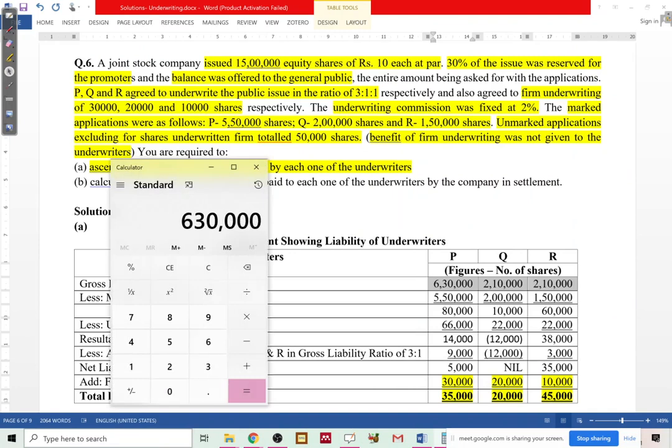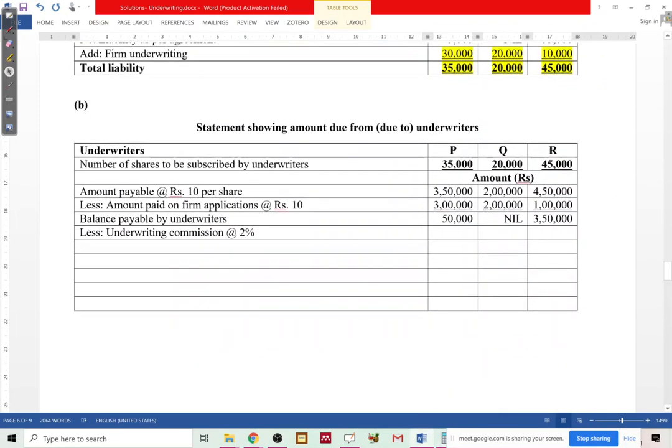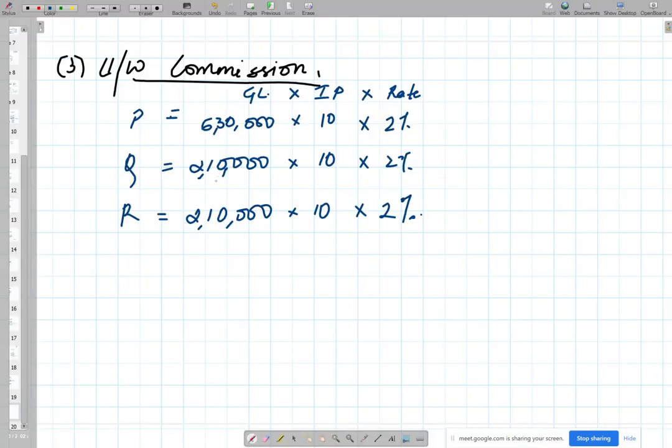6,30,000 multiplied by 10 multiplied by 2%, right? You have 1,26,000. So for the first person, I'll just directly write it here since we have the answer. 1,26,000. Have you got this? So this same calculation, okay, then Q and R both have the same values, same gross liability, same issue price, same rate, right?